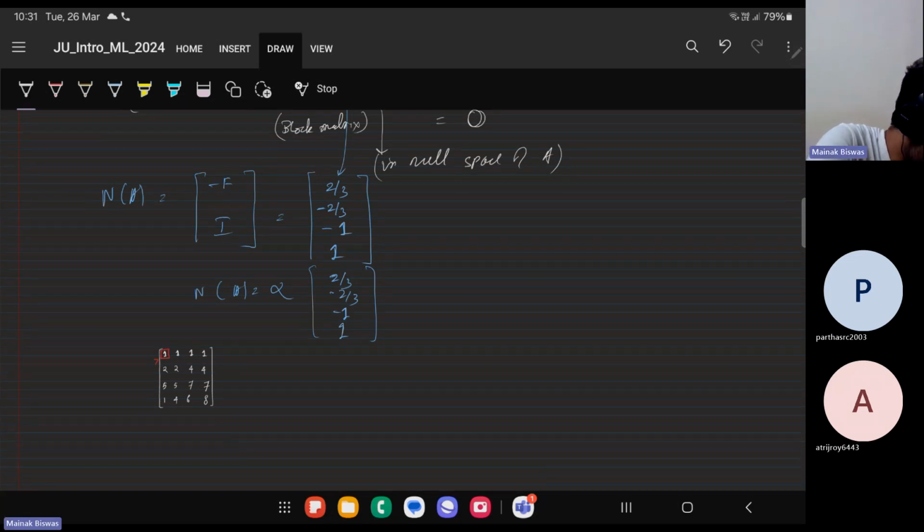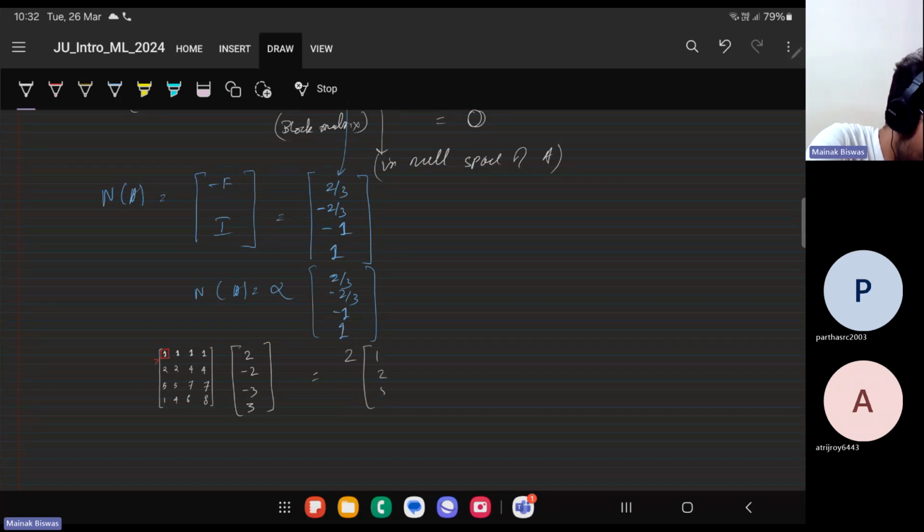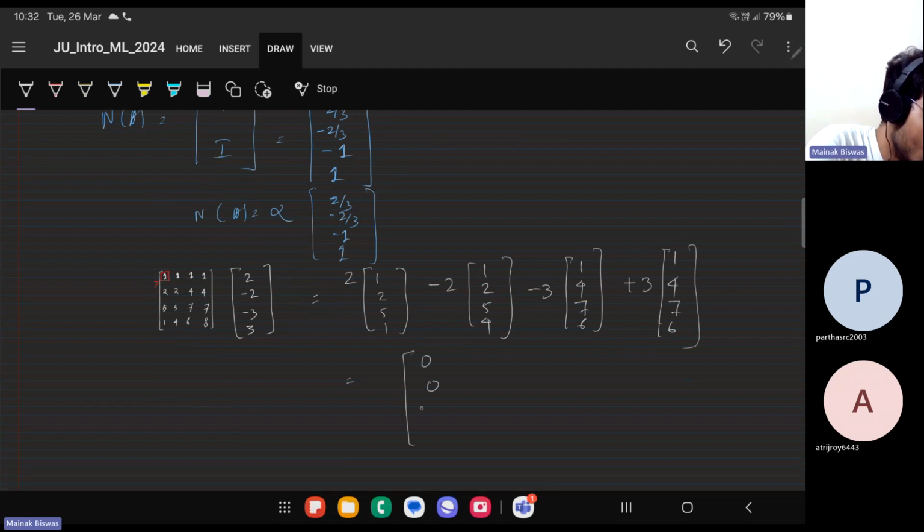Let me just write it down. Let me just multiply 3 into it and see: 2, minus 2, minus 3, 3, right? Since they are all ones, the first row becomes 0. Which is equal to 0 0 0.